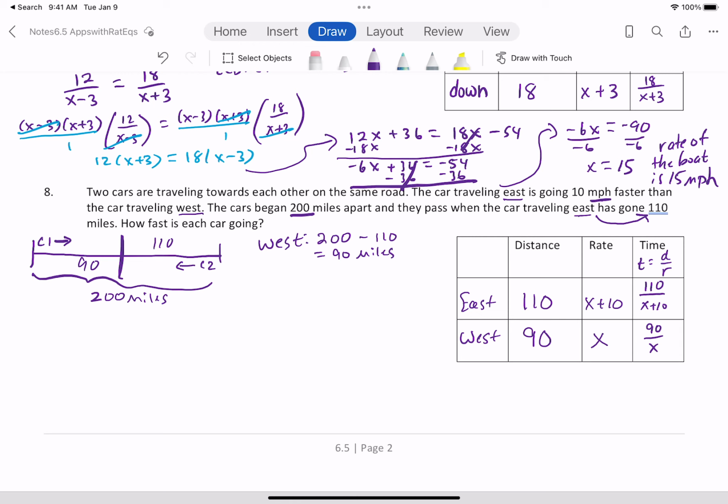So we can set up our equation. 110 over x plus 10 equals 90 over x. And then right back through our normal process, right? My LCD is going to be x times x plus 10. We're going to need to multiply both sides of the equation by that LCD.